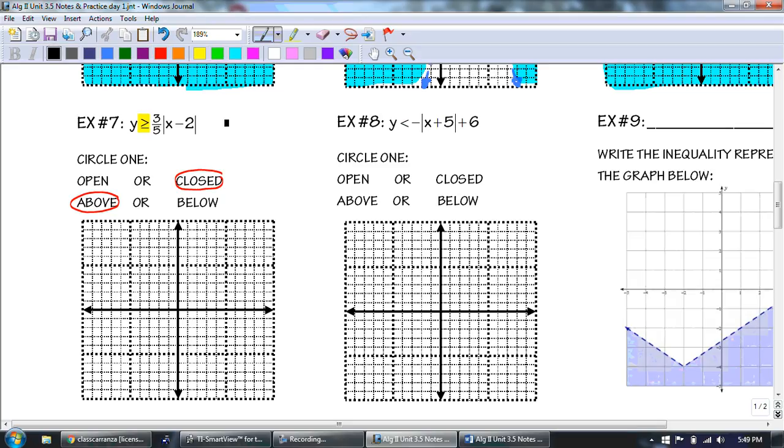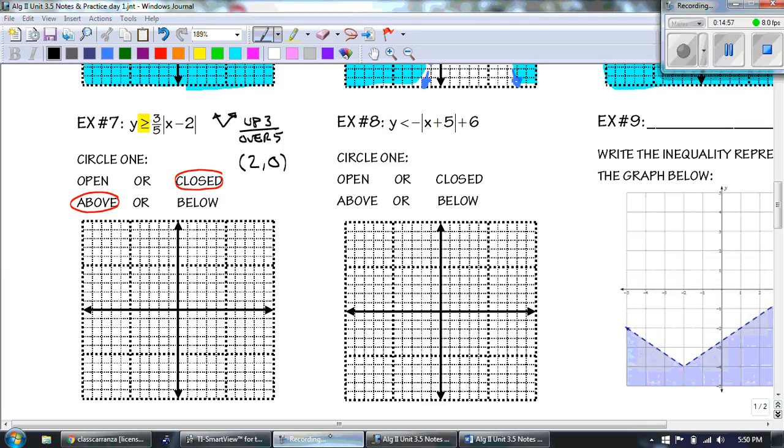Now it's a positive 3/5, so that means it's going up, and we're going to be going up 3 over 5. We take the opposite of what's inside, and the outside number stays the same. Okay, so go ahead and pause this video and see if you can graph that all on your own. Good luck.